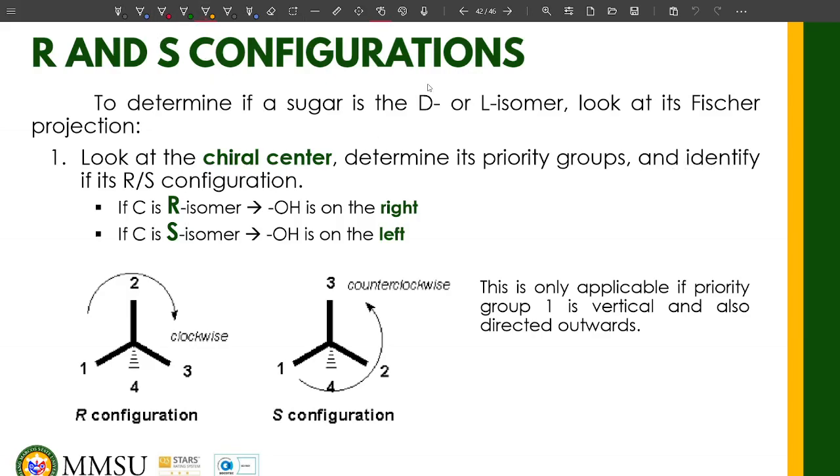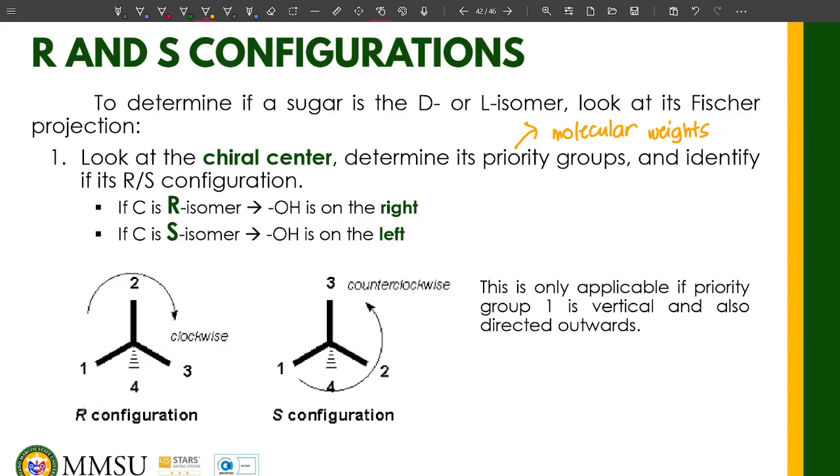So, how do we determine priority groups? The greater the molecular weight, the higher the priority. Whichever is heavier has the higher priority. Among the elements, hydrogen being the lightest element has the lowest priority, and it is always last.